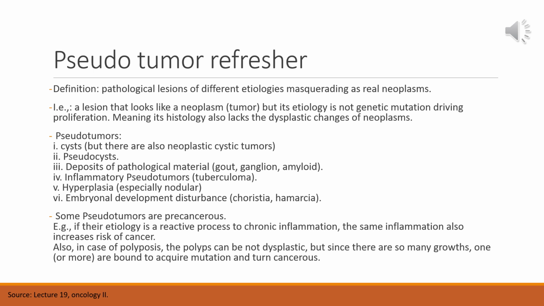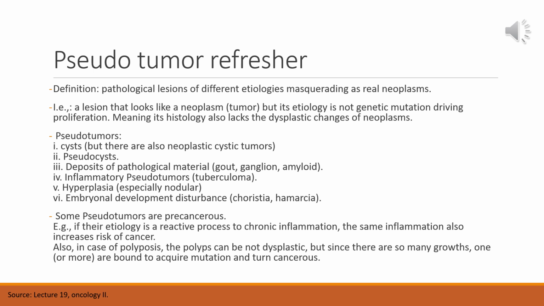For example, if the cause is a chronic inflammation driving some local mucosal hyperplasia, well, the same inflammation and the same hyperplasia also means that some cells can accumulate mutations and turn dysplastic and turn malignant, right? So it doesn't mean that those are precancerous, but it means that the environment is still driving forward some carcinogenesis.